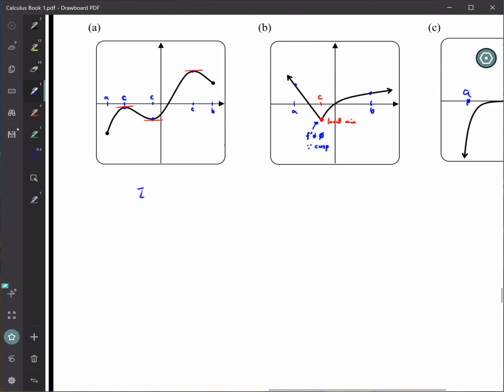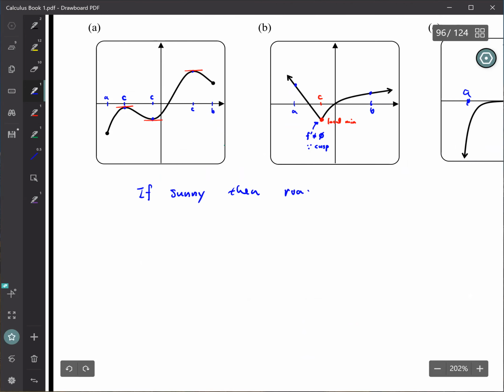There you go. Okay, Joan got it. If sunny, then road is dry. I think this example is not really good, because sometimes this one is not always true. Let's think of an example that's always true.